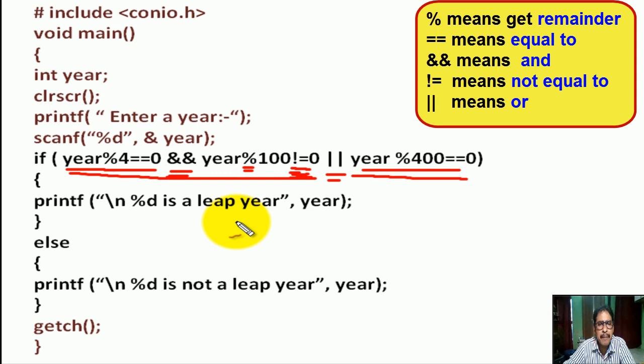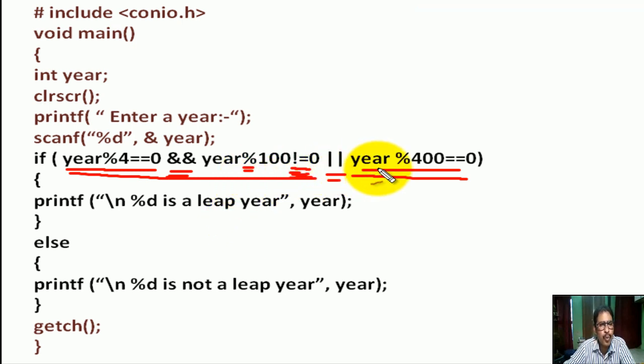If this condition is correct, if this condition is true, then within brackets, this is the true block, second bracket, printf within bracket \n, create new line, %d means control string, d for integer variable, is a leap year, quotation end, comma, year.